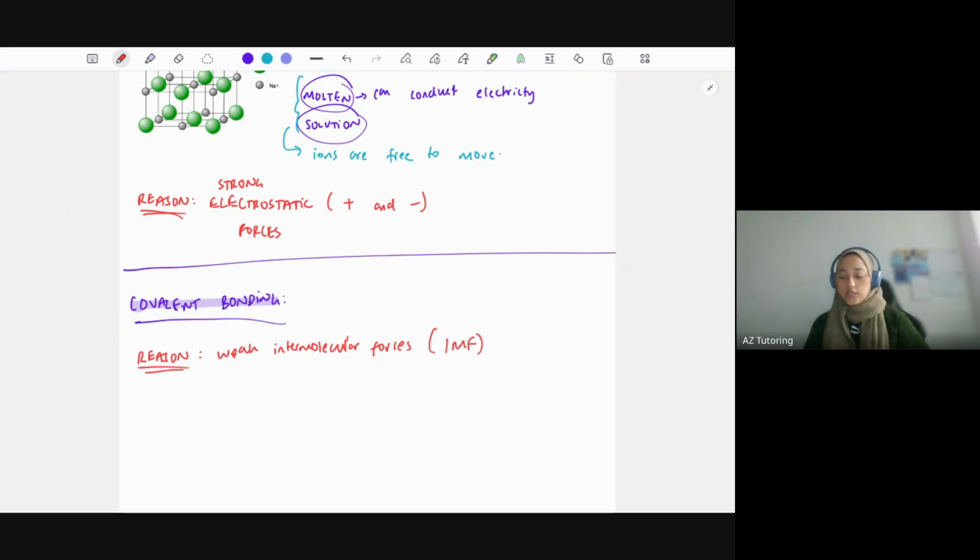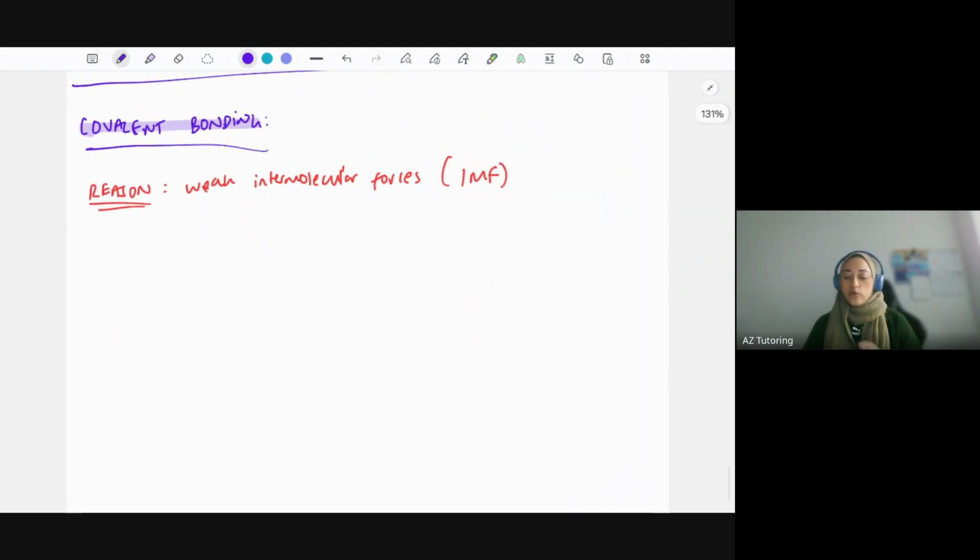You cannot use that reason with metallic bonding or ionic bonding. Intermolecular forces are unique just to covalent bonding. So try not to mix these reasonings up with each other.